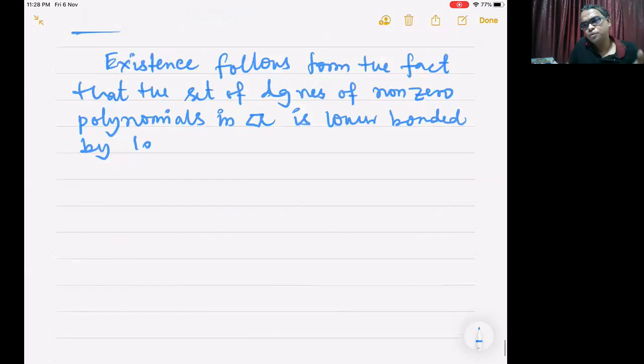So it's a subset of positive integers, lower bounded by 1. So therefore there will be a least degree, so there is also a least degree polynomial.